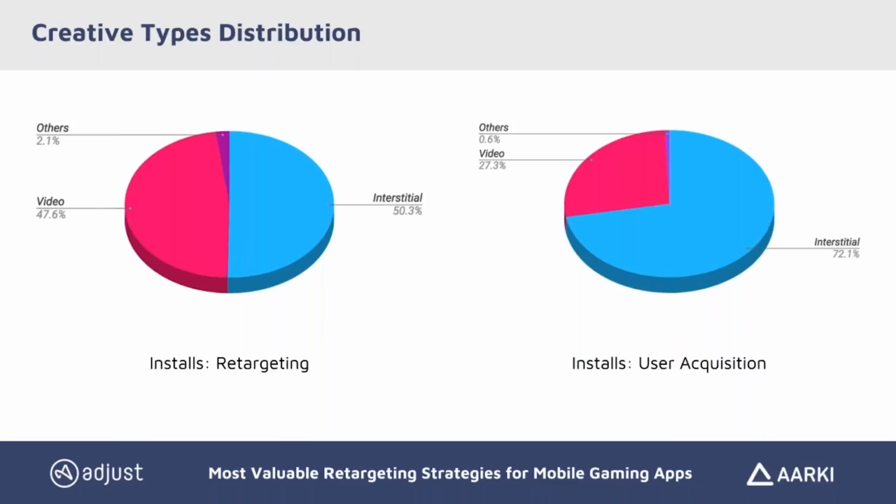While the mix of video for retargeting is about 50-50, when we look at its return, the return on the video for retargeting is far higher than the other ad units combined, about 25% higher return on ad spend. Whereas in a user acquisition campaign, video is an important part, but it performs about 15% higher return on ad spend versus other units.